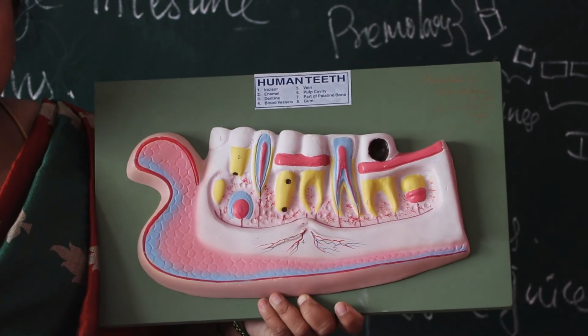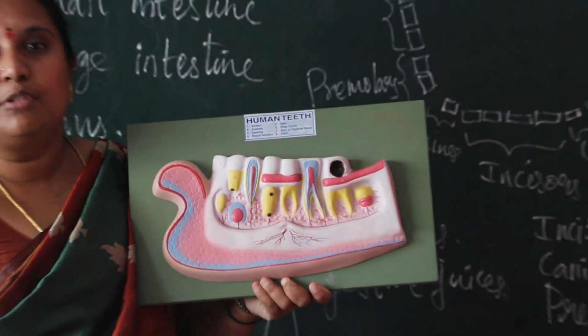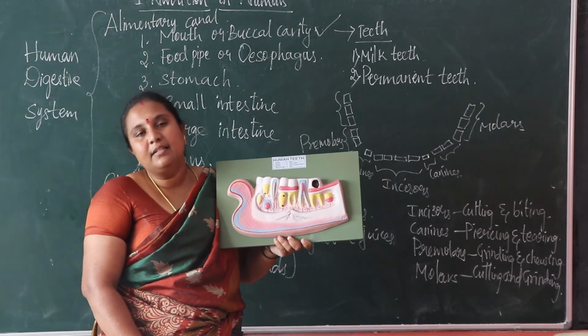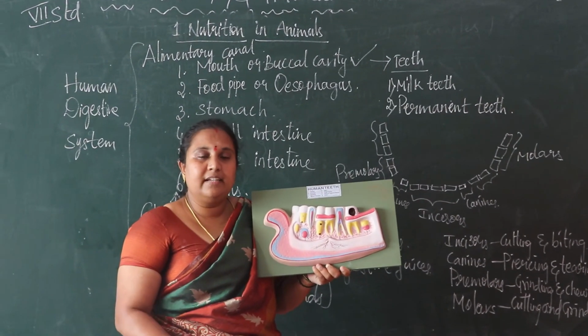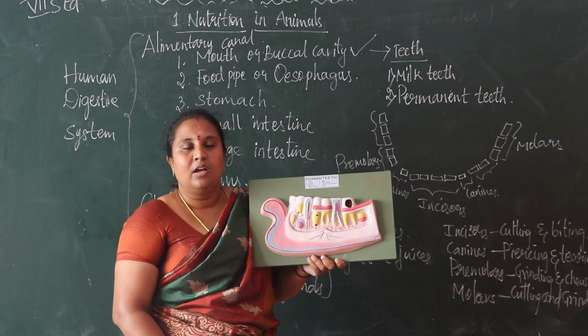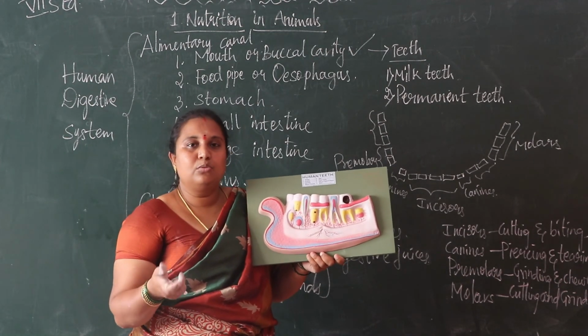We should brush two to three times a day, minimum two times a day, in the morning and at night. That decreases tooth decay and decreases tooth loss.